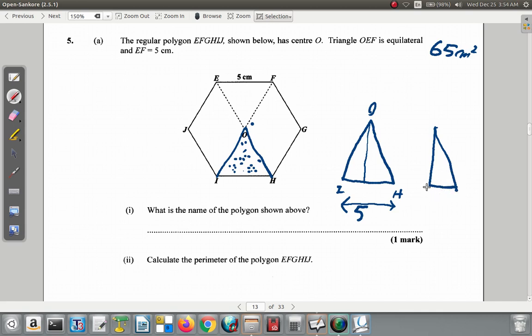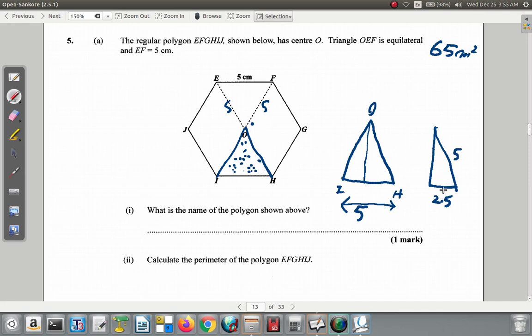So I have half of the 5 here, which is 2.5 centimeters. This slant height is going to be, now remember it says OEF is equilateral, so this here is 5, this here is 5, so the length of each side would be 5. So you can see this will also be 5.